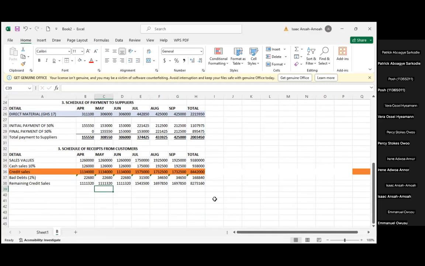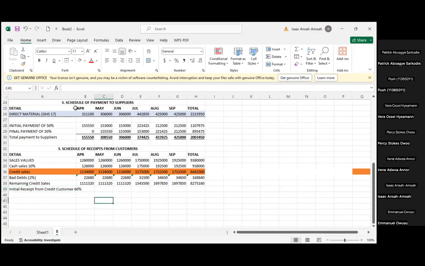We work out, we identify the 60%. So we work out or identify the initial receipt from credit customers, which is 60%.